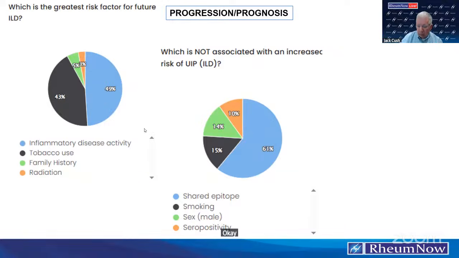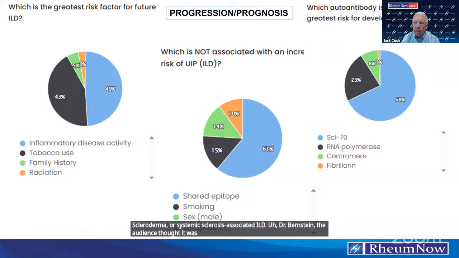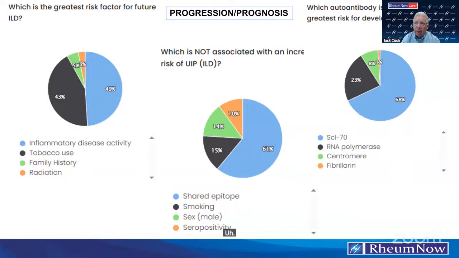Okay. One more question. Which antibody is associated with the greater risk of developing scleroderma or systemic sclerosis associated ILD? Dr. Bernstein, the audience thought it was SCL70 two-thirds of the time, and RNA polymerase 3 in 23%, less so for fibrillarin and centromere.